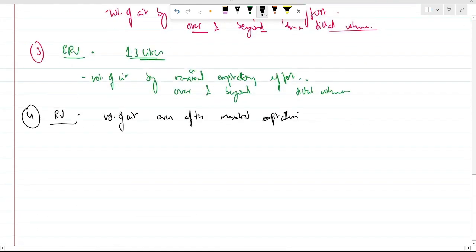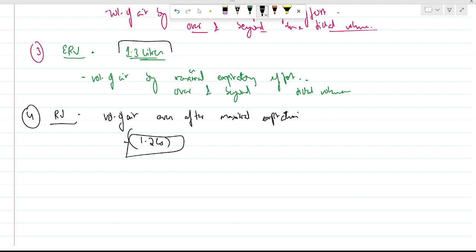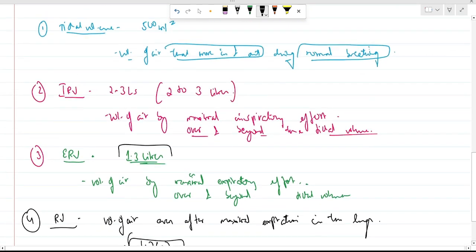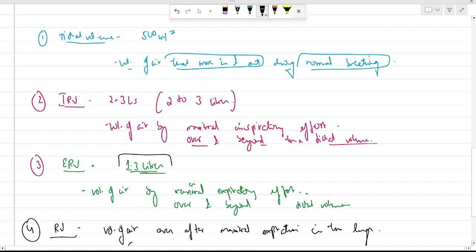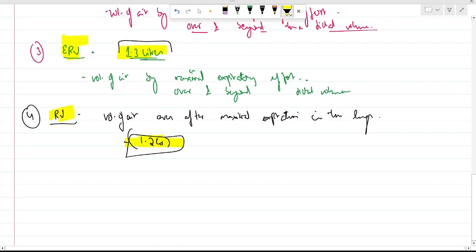The value is very important, 1.2 liters. So 1.3 liters is ERV, and 1.2 liters is our residual volume. Tidal volume 500 milliliters, inspiratory reserve volume 2 to 3 liters, expiratory reserve volume 1.3 liters, and residual volume 1.2 liters.